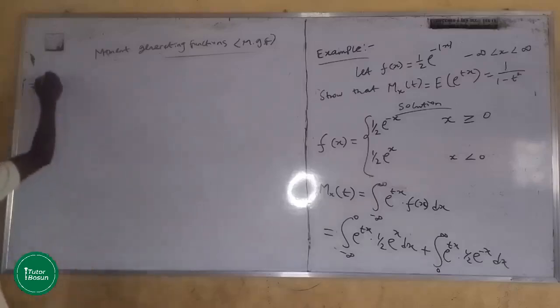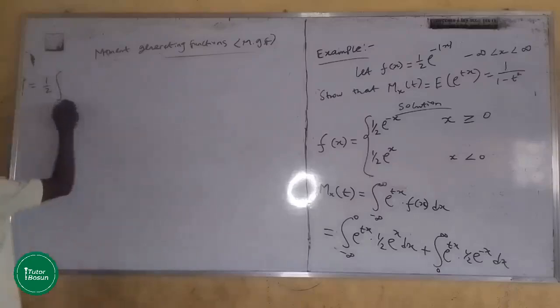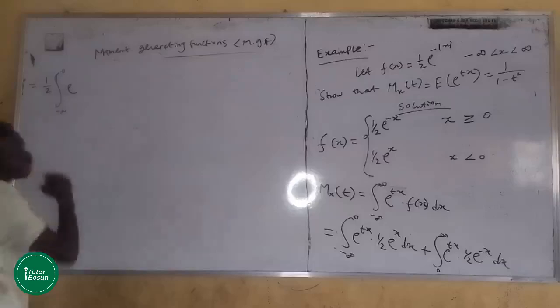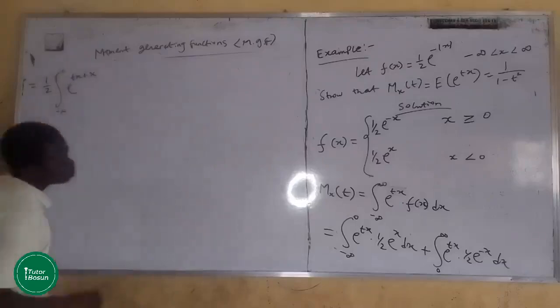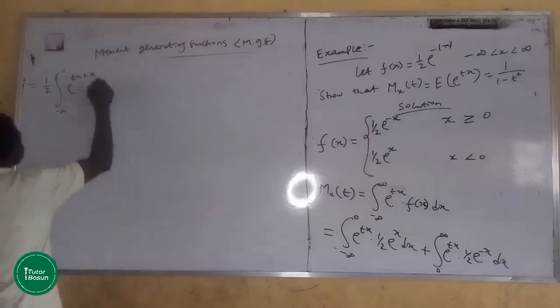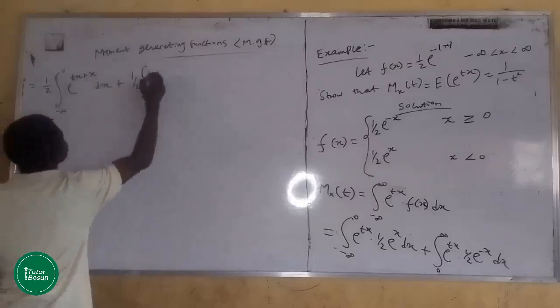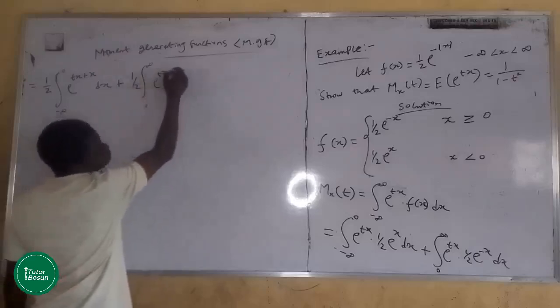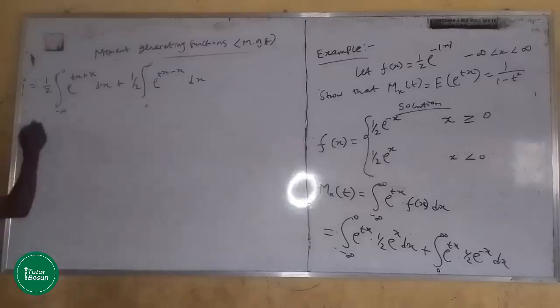So we have 1/2 as a constant, integral from minus infinity to 0 of exponential tx plus x dx, plus similarly 1/2 integral from 0 to infinity of exponential tx minus x dx.